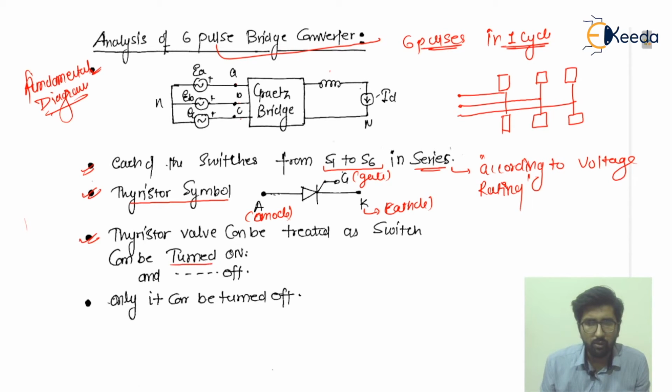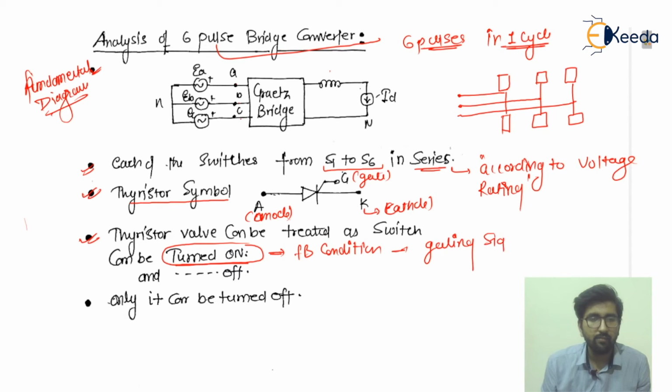If we talk about the turn-on process, which we have already discussed in previous lectures, it should be in the forward biased condition with the gating signal. But for the off state, it should be in the reverse bias condition, that we have to remember here.